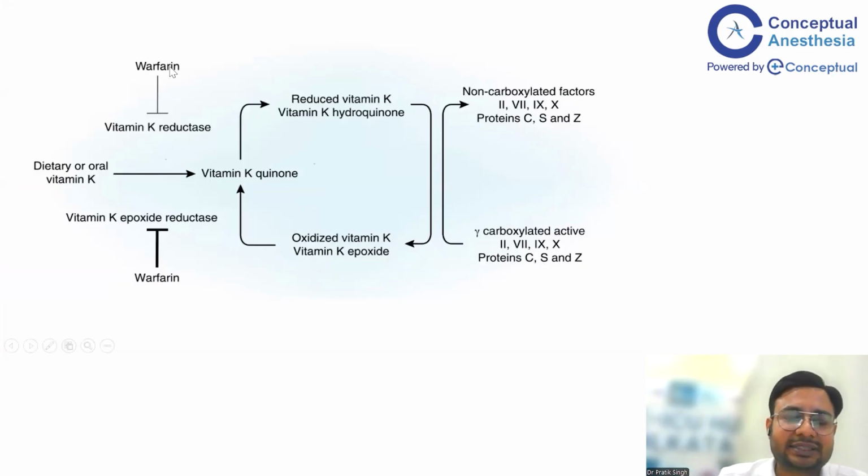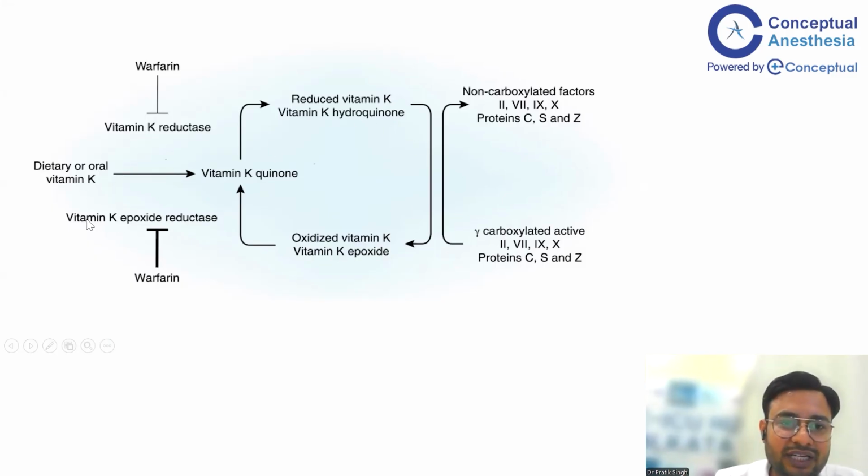So how does it act? Vitamin K helps in the activation of 4 factors. The factors are 9, 7, 10, and 2. If we are affecting the metabolism of vitamin K, that is vitamin K quinone, it gets reduced while doing the carboxylation of the 2, 7, 9, and 10 factors along with protein C and S, and it has to come back to its normal form to react on the other factors.